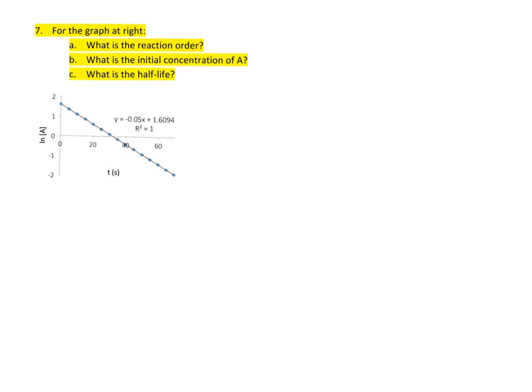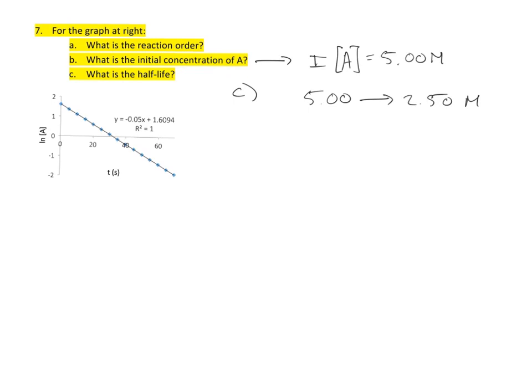Okay, part C. What is the half-life? So what we knew from part B is that the initial concentration of A was 5 molar. So what's the half-life? The half-life means how long it takes for half of A to be used up in the reaction, so we'll be left with 2.5 molar afterwards.